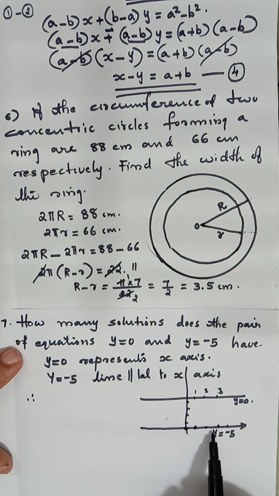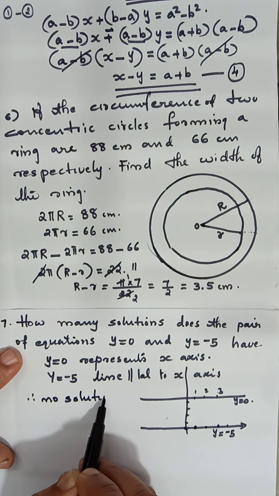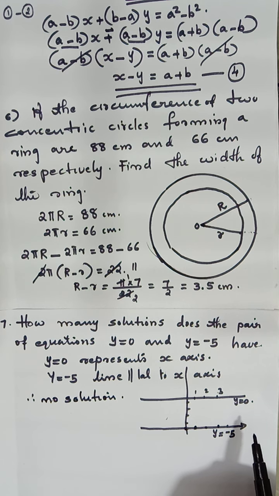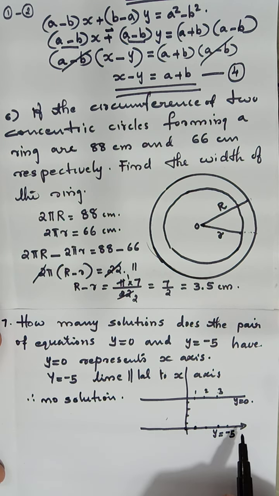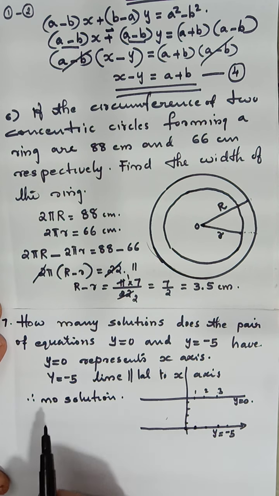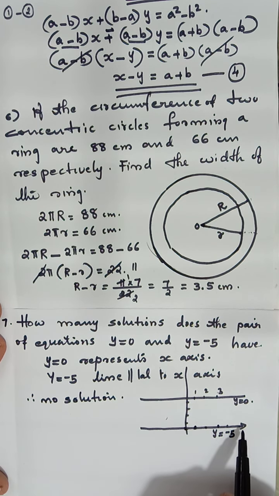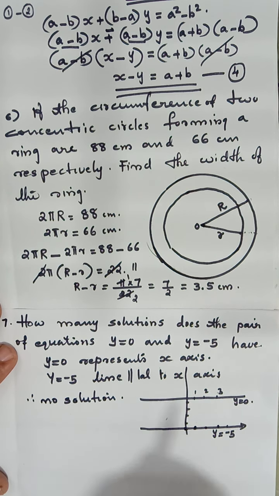Therefore, no solution. Hope you understood. If they intersect, it has a solution, or they should coincide. Here there is no coincidence, they do not intersect, therefore it does not have a solution.